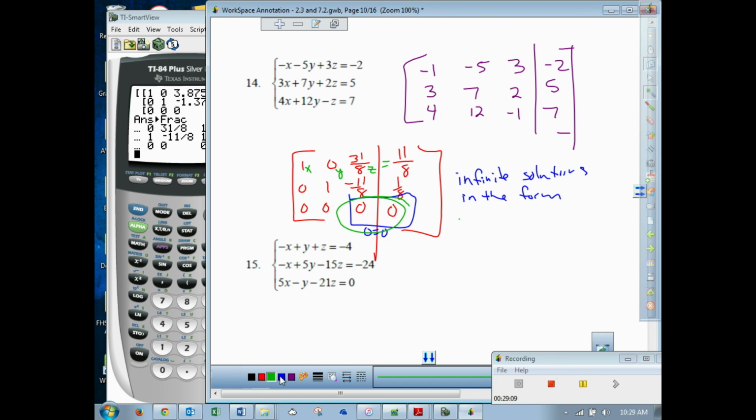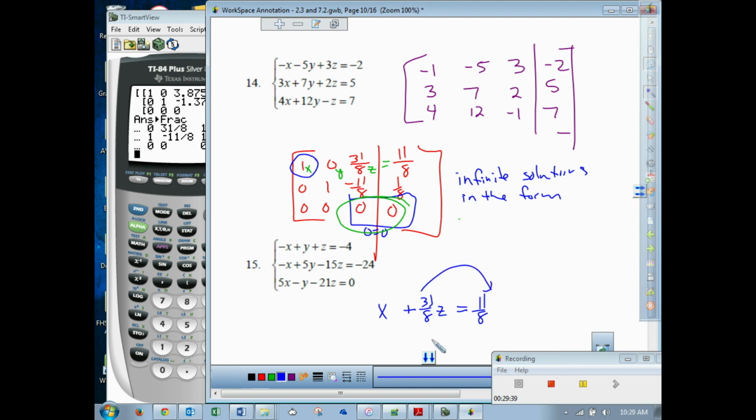How come? Because doesn't this say 1x right there? How would you solve for x if you had this equation? X plus 31/8 z equals 11/8. I want to figure out what x equals. What would you do to get x all by himself?